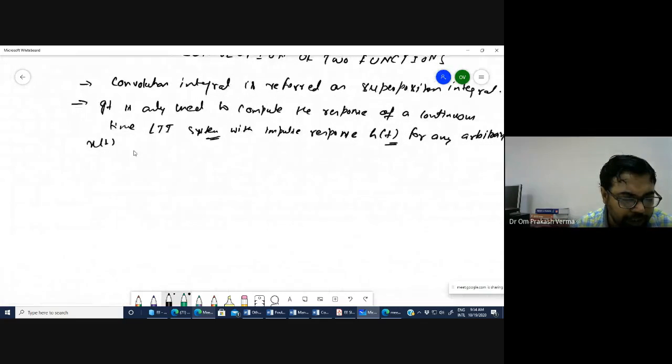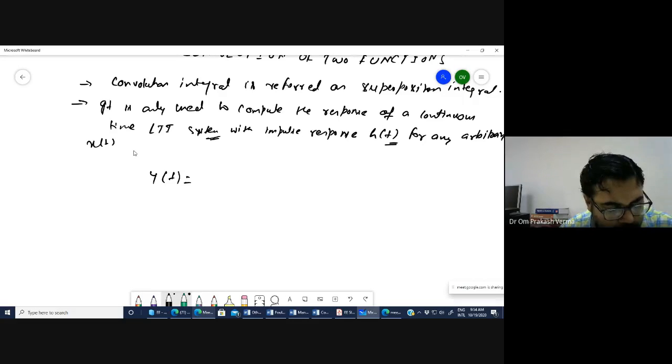So how is it defined? It is defined mathematically as y(t) equals the integral of x(tau) h(t minus tau) d tau.